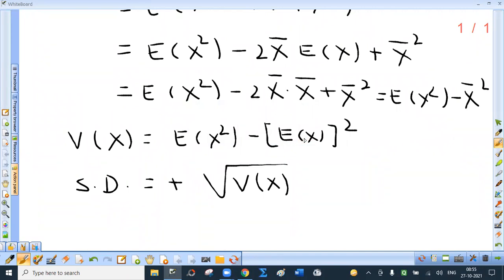What is expected value? E of x is just sigma xi pi, i goes from 1 to n. What is variance of x? It is E of x square minus square of E of x, and standard deviation is positive square root of variance. In exam, you are allowed to use log tables to find the square root.